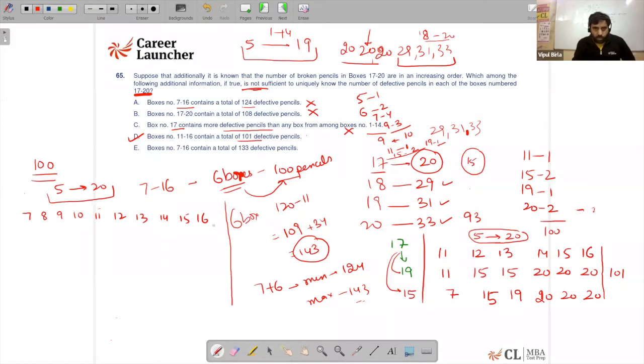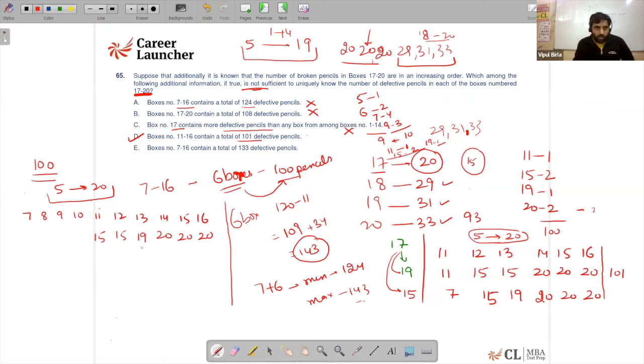So if we give 20 out here, 20 out here, and then 20 for this, 19 for this, we've got 15, 15. So now 11, I'm just keeping 11 for box number 17. 20, 20, 20 makes it 60, and 30 is 90. 90 plus 19 is 109.